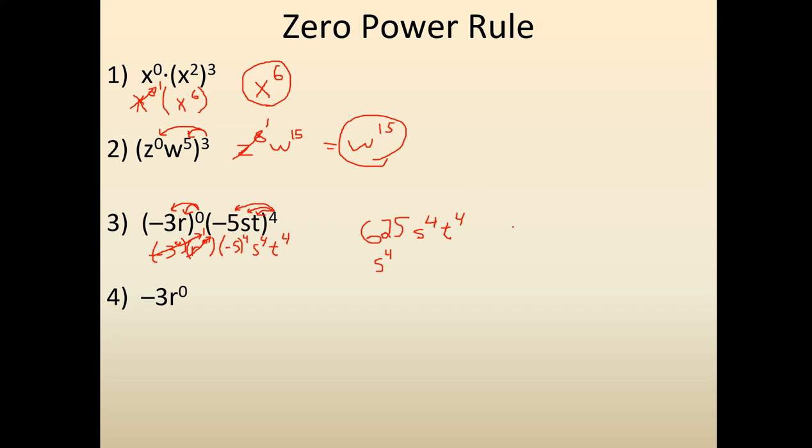So one thing that you should remember from exponents, or just about negative numbers in general, a negative number raised to an odd power like this or like this will end up giving you a negative number. But a negative number raised to an even power, like 2 or 4, will give you a positive number.